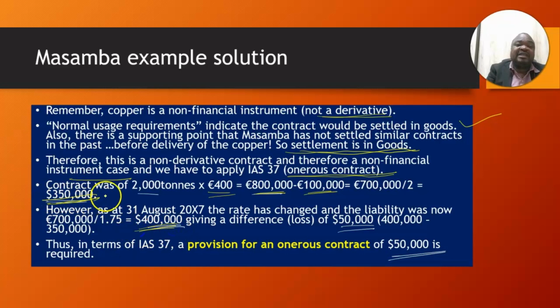Initially, we were going to pay 350,000 only, but now 400,000, giving a difference, which is a loss of 50,000. And the 50,000 should actually be a provision for an onerous contract.